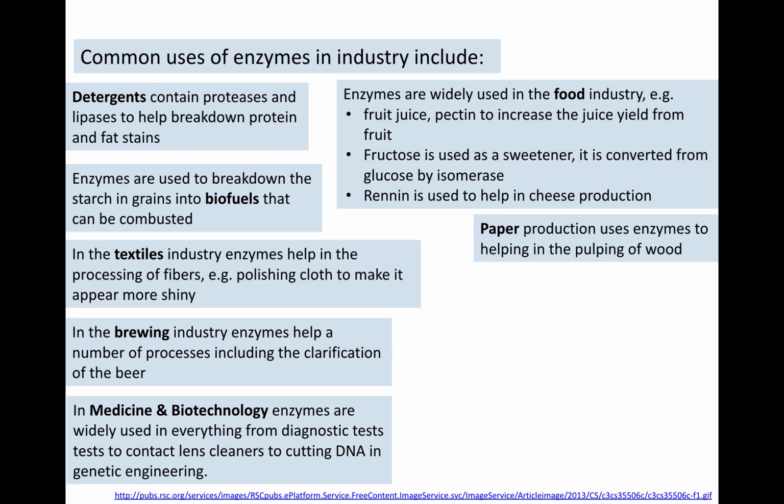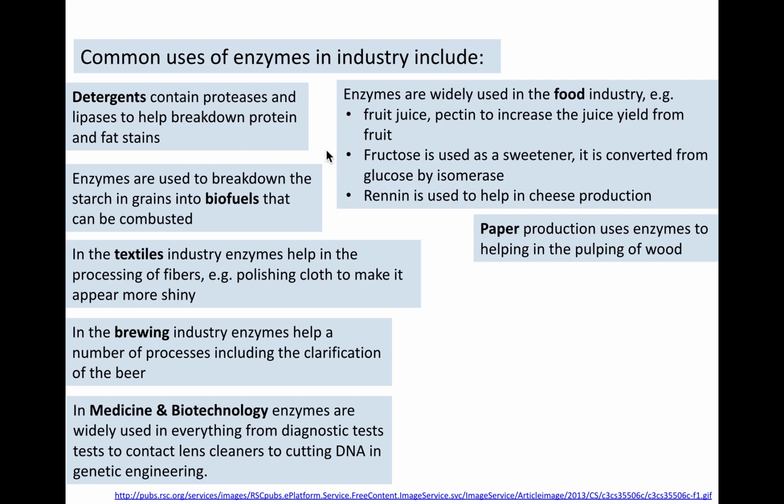Here are some ways that it can be used in industry. So detergents is an example, which contain protease. So anytime you see "ase" at the end of a word, that's the enzyme's name. So like lactase, protease. Protease and lipase help break down proteins and fat stains in our clothing.